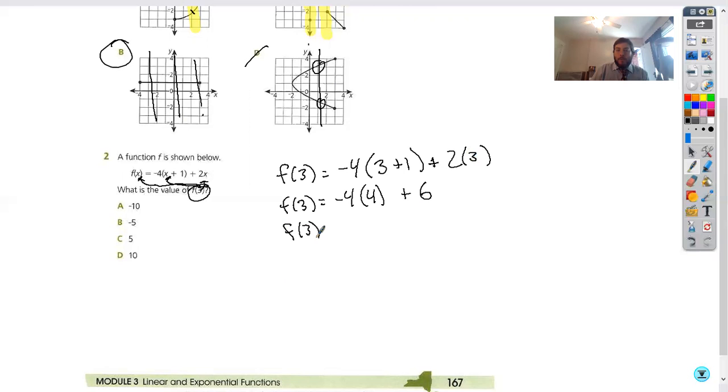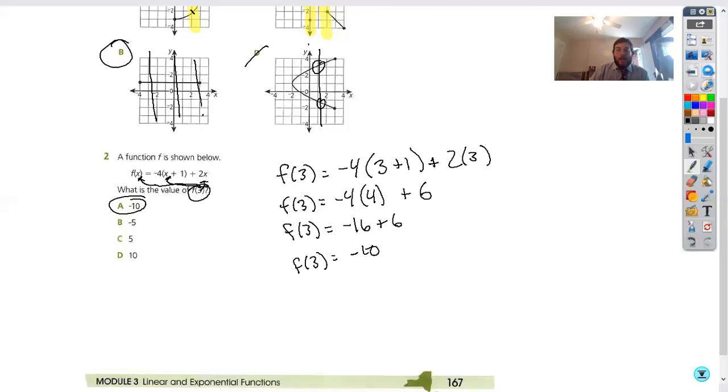Then f of 3 equals -4 times 4, which is -16, plus 6. F of 3 equals -16 plus 6, which is -10, and it's choice A. So all we're doing here is substituting in 3 for x and then simplifying the right side of the function there.